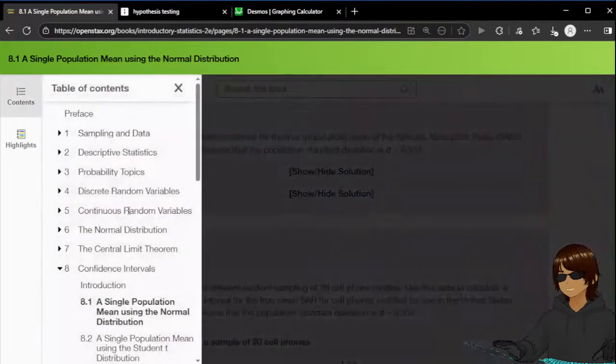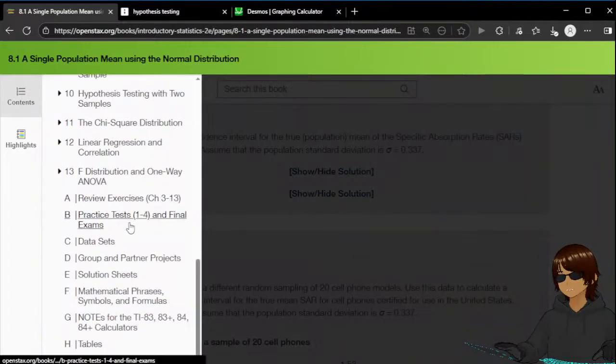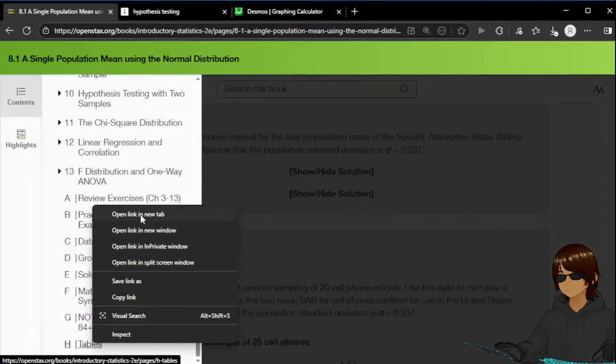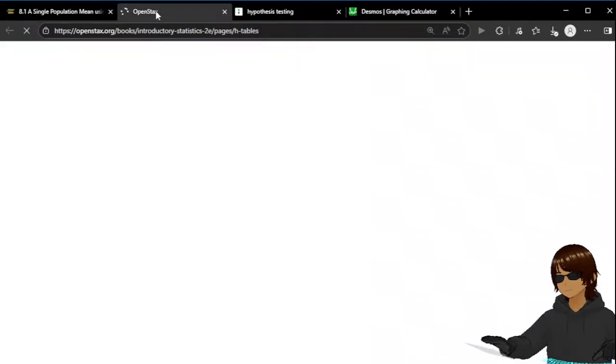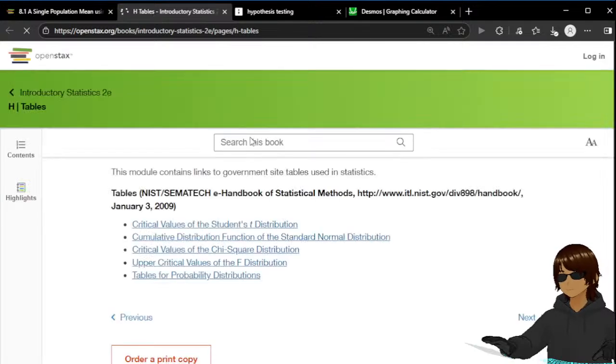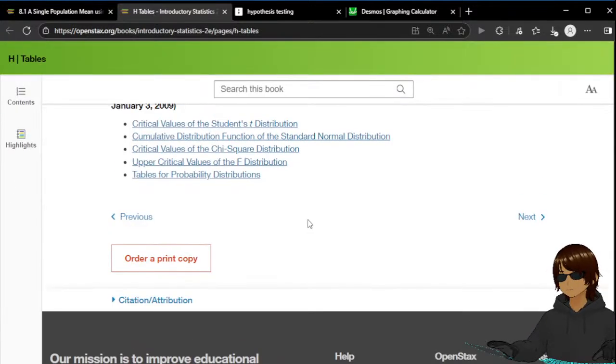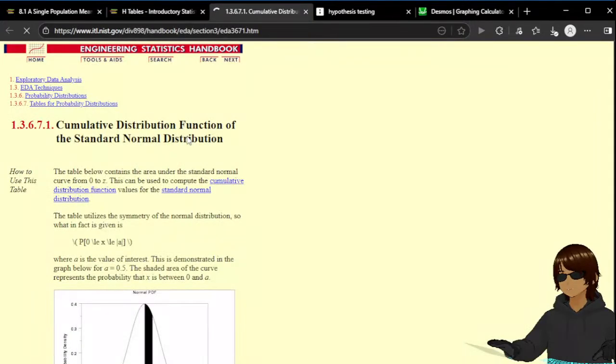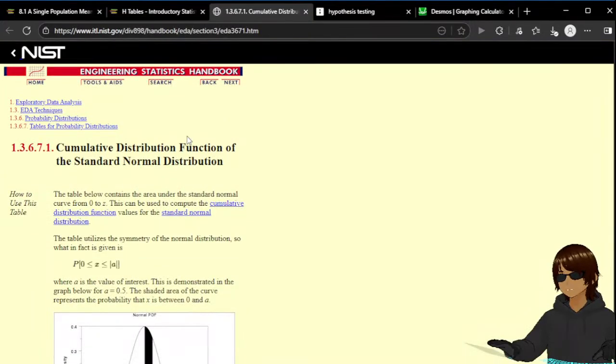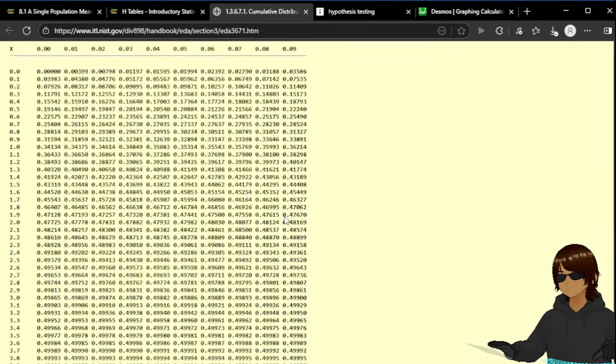Isn't there a table we can see? How do we know? Group solution sheets, phrases, formulas. Yeah, table. Cumulative distribution function for standard normal deviation. Okay, this is a different website.